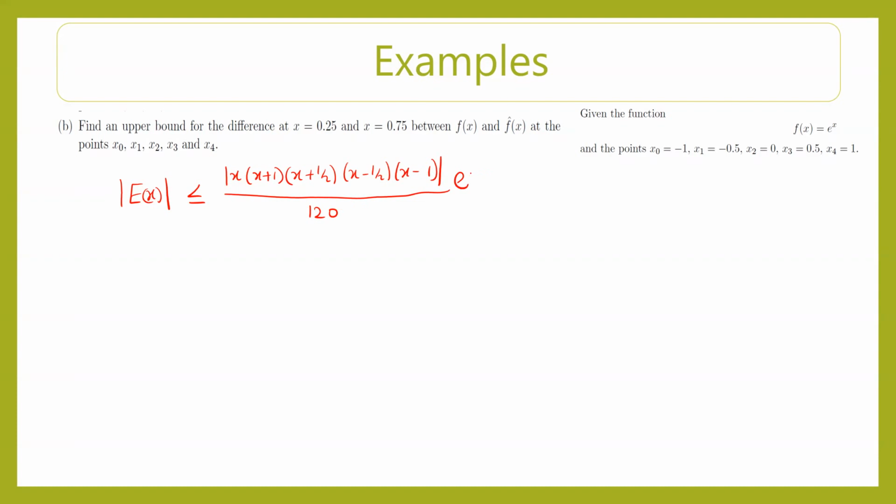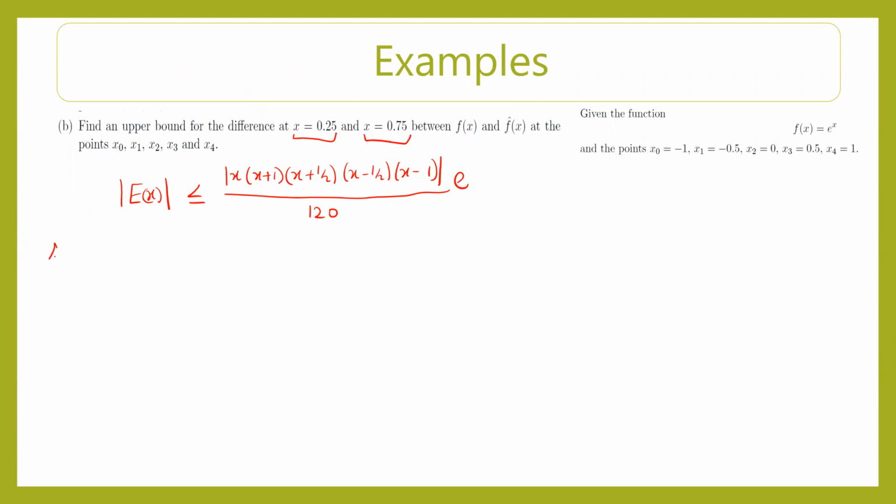All right, so now if we are interested in actually computing the error bound completely, we need to find the maximum of this polynomial, okay? But that's not what we want. According to the problem, we just need to find the upper bound at this point.